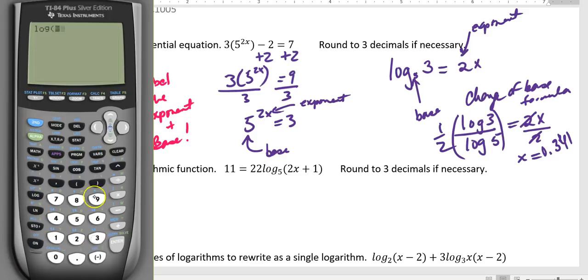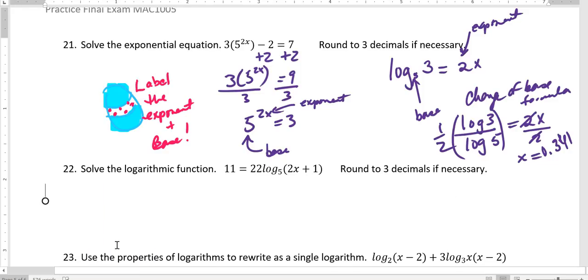It's log of 3 divided by log of 5. Hit enter, and then I'm going to divide that by 2, or multiply times 1/2, either way, and I get 0.341. Okay?